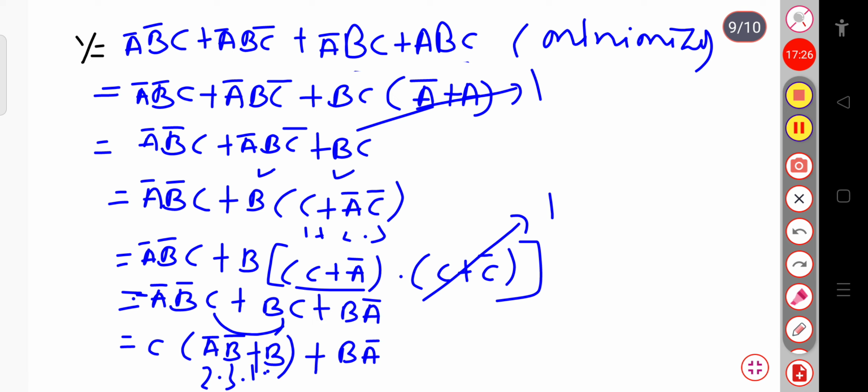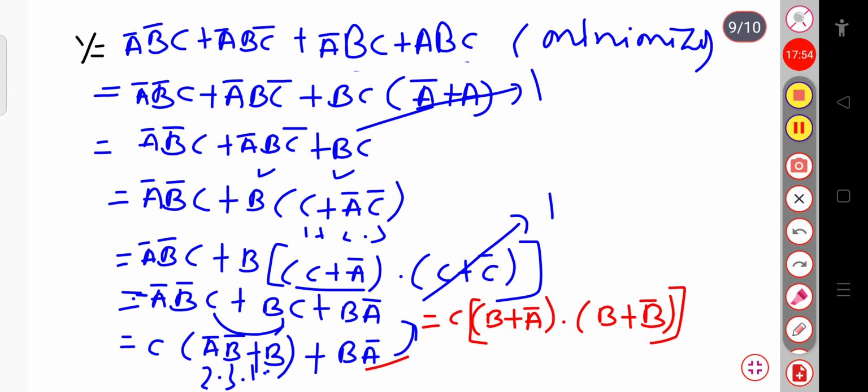Now, if you split this, this will be equal to c whole into the first term, that is 1 into 2, so we can write it as b plus a bar, into 1 into 3, that is 1 plus 3, that is b plus b bar, and the last term remains as it is, that is plus b into a bar.